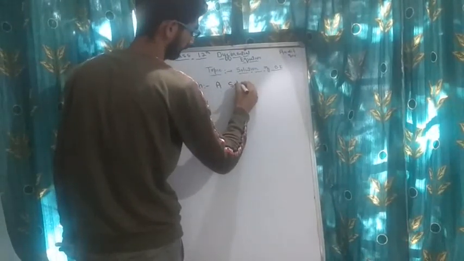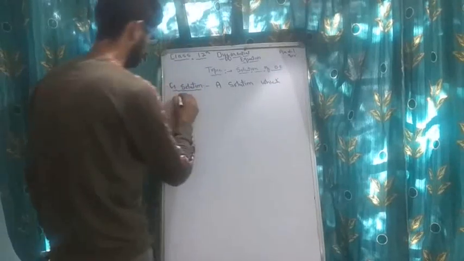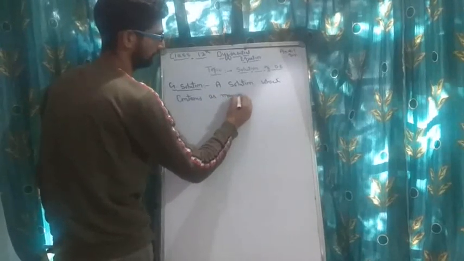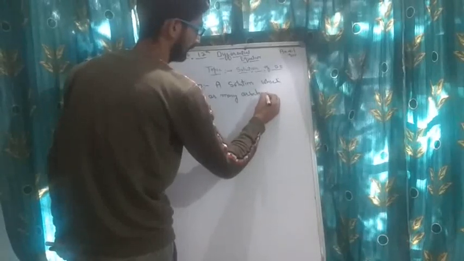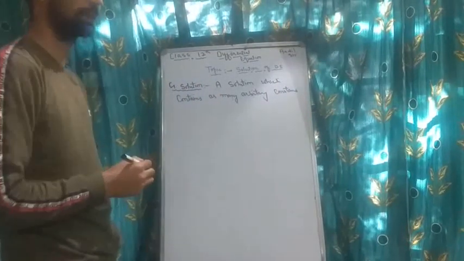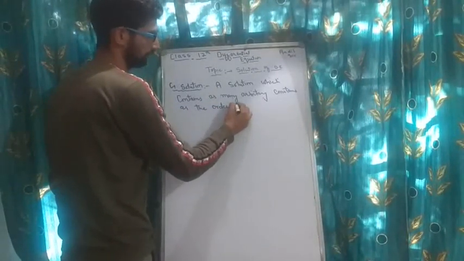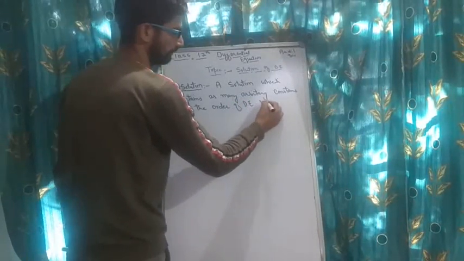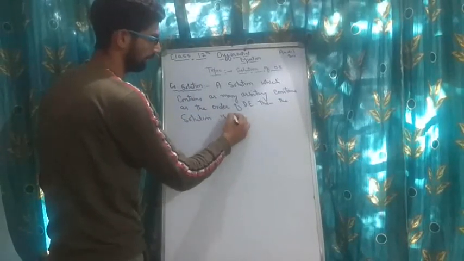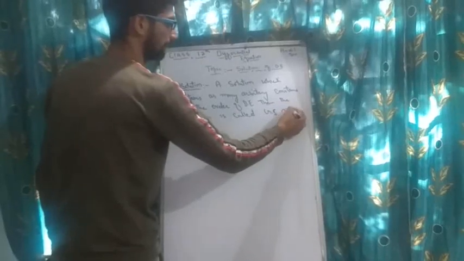A solution which contains as many arbitrary constants as the order of the differential equation is called the general solution of the differential equation.